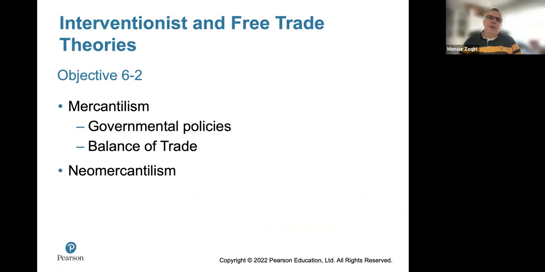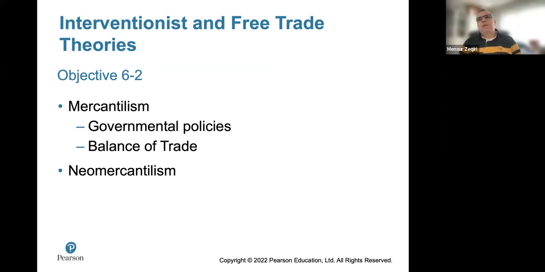So when we talk about some of the main theories that we can use to understand this interconnection between countries, we have the interventionist and the free trade theories. At the one extreme of trade policies, governments do intervene a great deal in trade, and that's actually what we can explain through mercantilism.